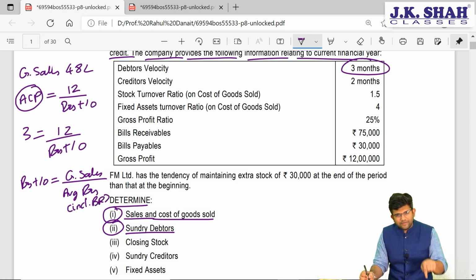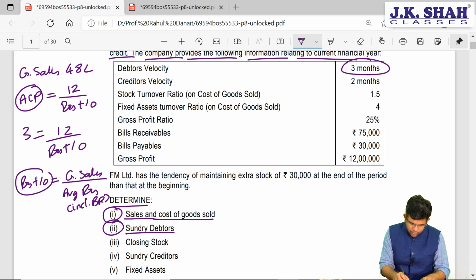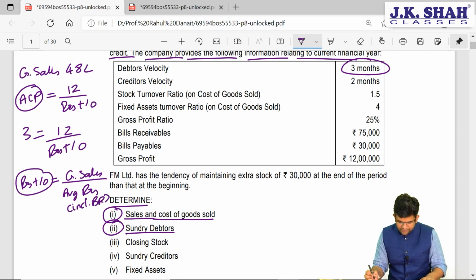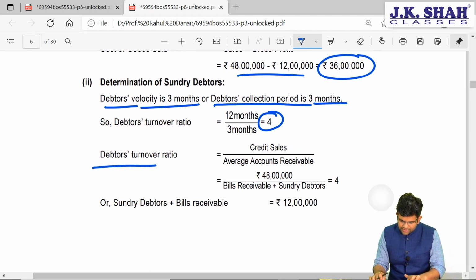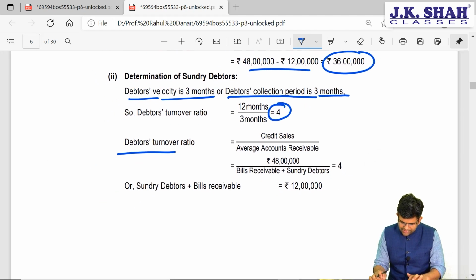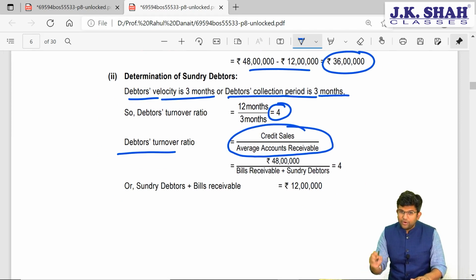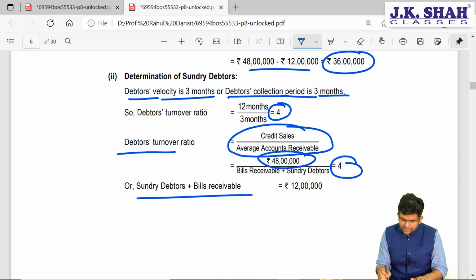So now that you have the sales with you, you have the turnover ratio with you, we can easily find out the debtors including the bills receivable. So children, do you realize that debtors turnover ratio is equal to credit sales divided by average debtors including bills receivable, and therefore if we put the numbers, we will get the debtors plus bills receivable as rupees 12 lakh.